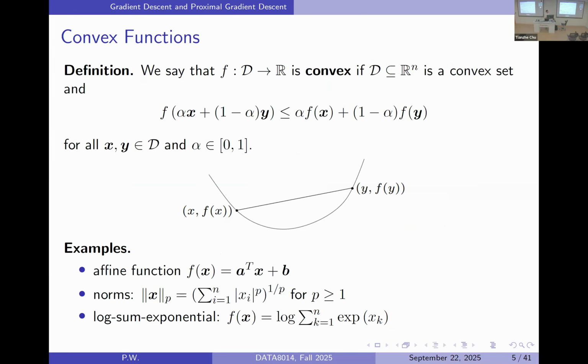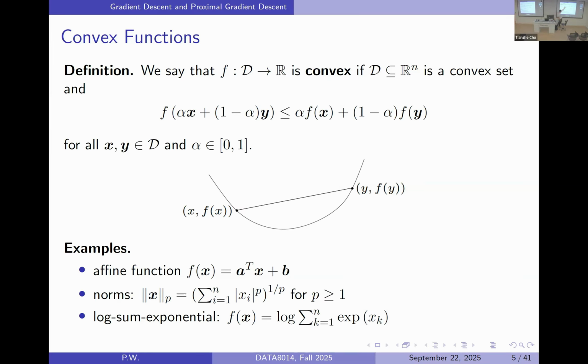Based on the concept of a convex set, we can further define convex functions. In general, we say that a function is convex if its domain is a convex set, and f satisfies the following inequality.